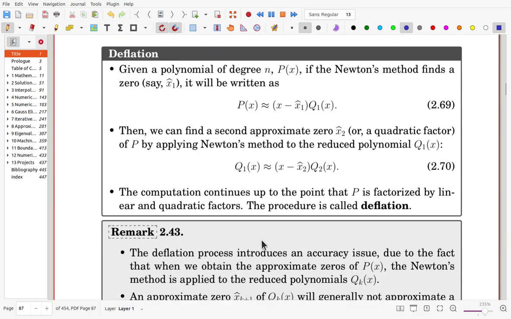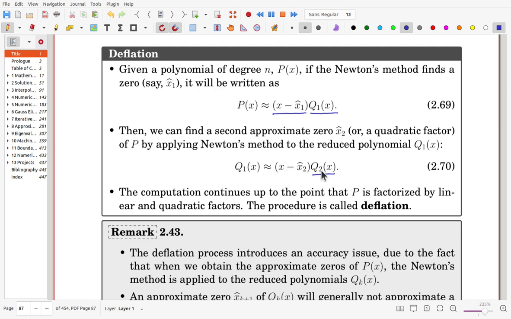When we try to get the roots of a polynomial of degree n, we can use Newton's method to find one linear factor, and so we can find a linear factor, for example, and the quotient Q1. Now from Q1, again, we can find another linear factor and Q2. And from Q2, another linear factor or quadratic factors.